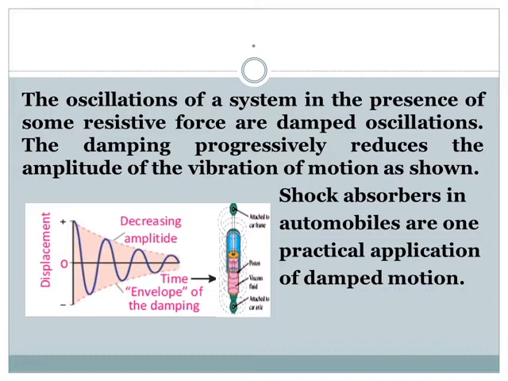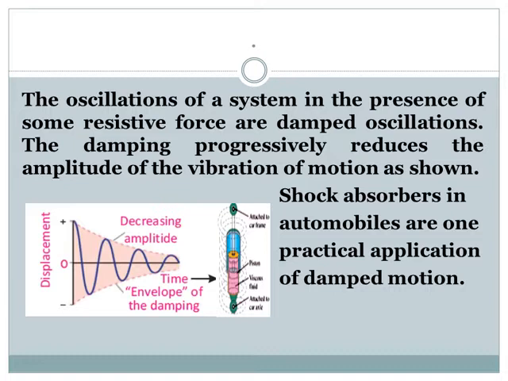The damping progressively reduces the amplitude, which is shown in the figure below. Here in this figure, the displacement was at the extreme positions, but with the passage of time the amplitude decreases, which is shown by a blue line in the form of a sinusoidal wave.